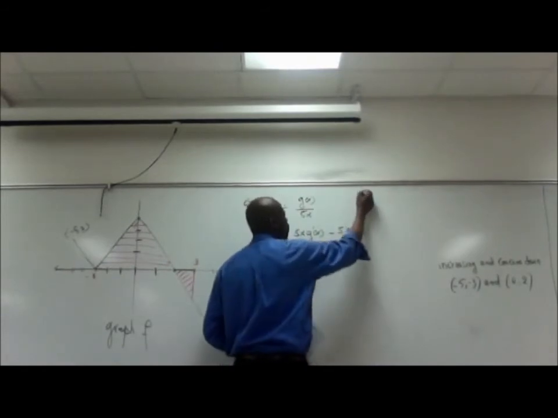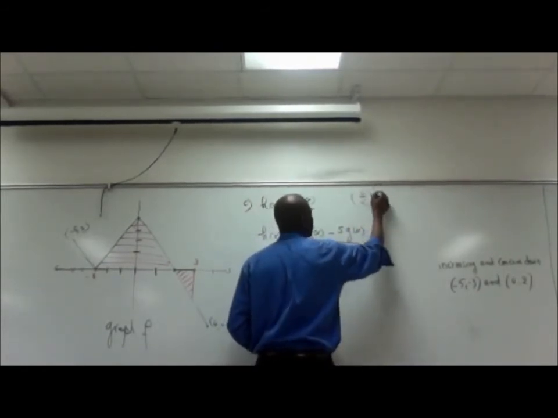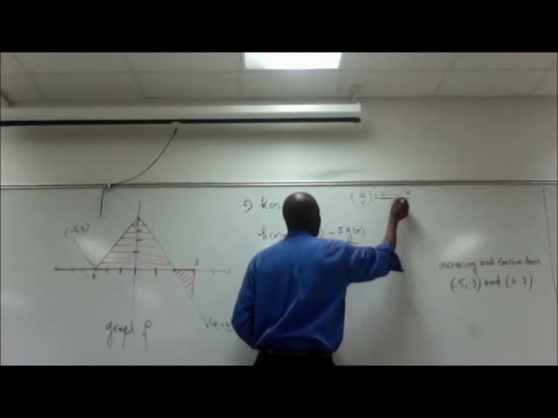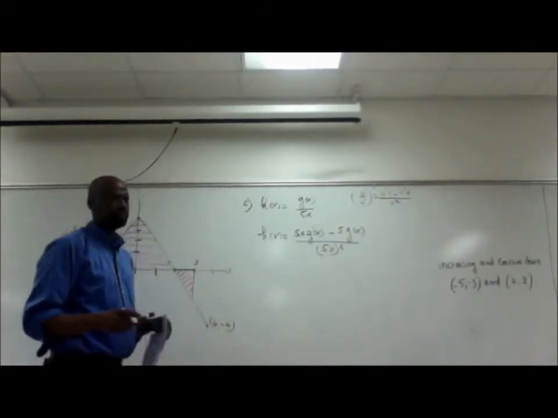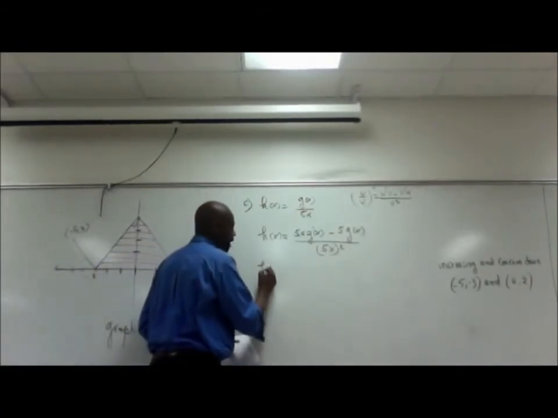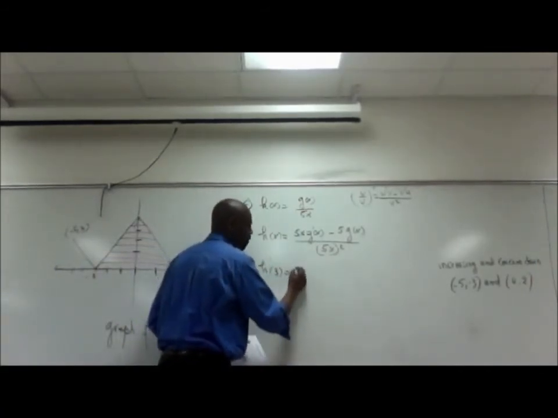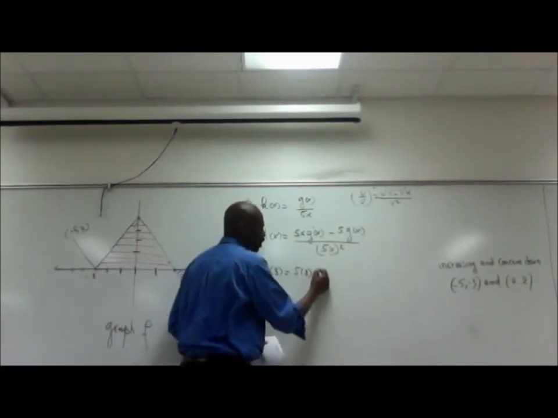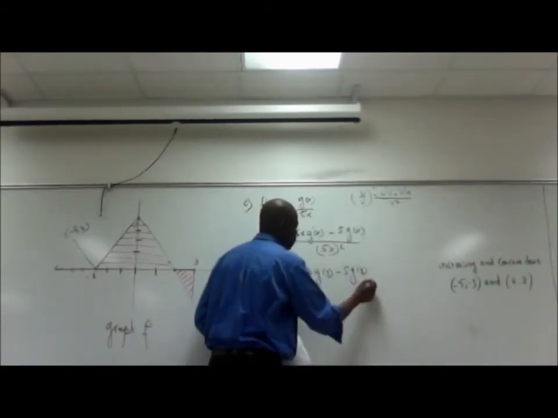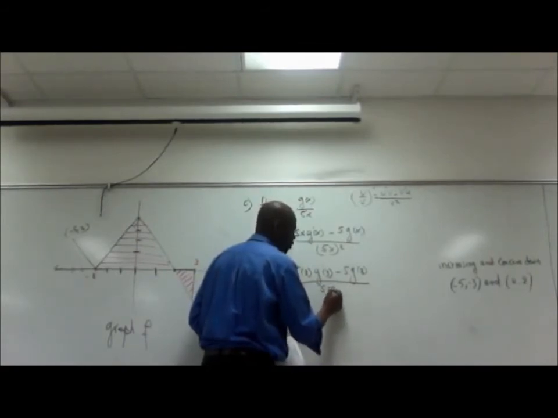So u over v prime is u prime v minus v prime u over v squared. That's what I use. So h prime of 3 equals 5 times 3 times g prime of 3 minus 5 times g of 3, over 5 times 3 squared.